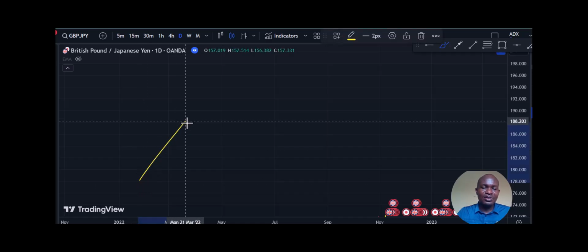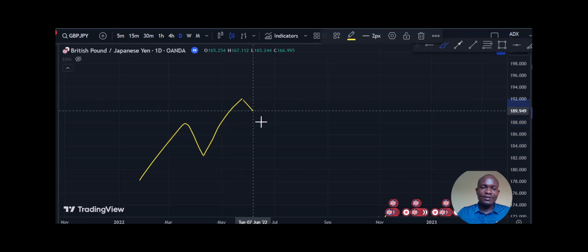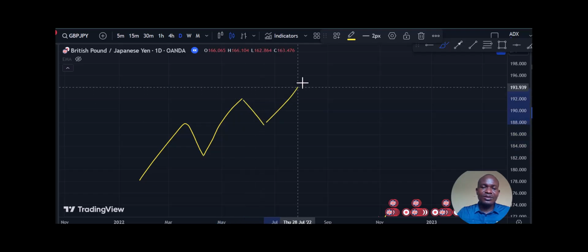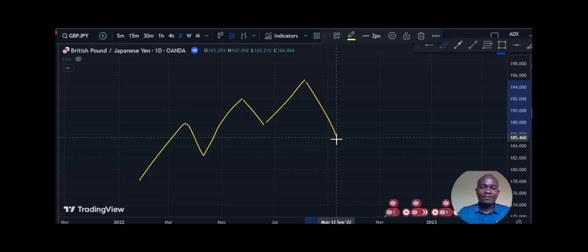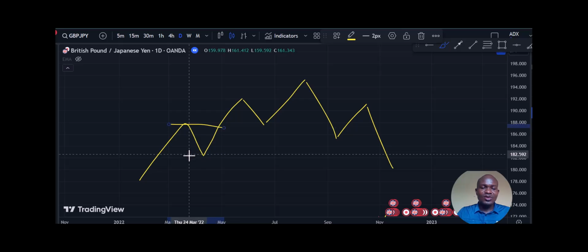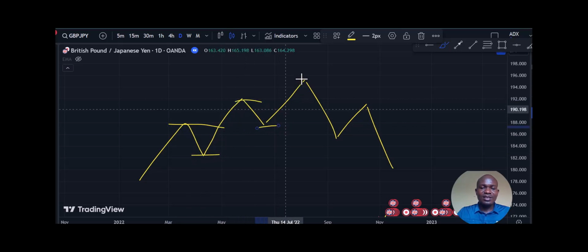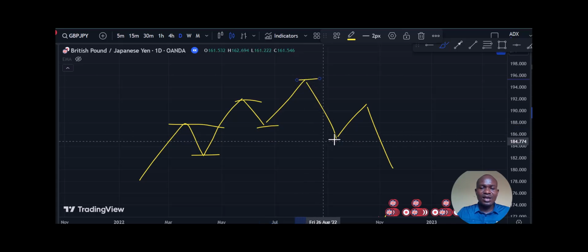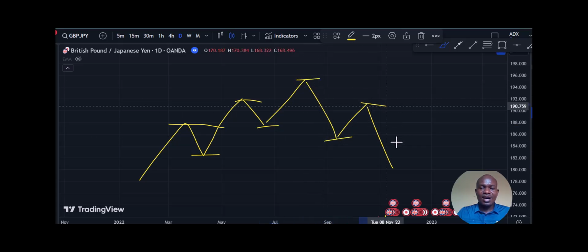It makes an impulse, it corrects itself, it makes another impulse, it corrects itself, it makes another impulse, it breathes out again, it breathes in again, low, and comes down again. So the job of every trader is to look for a confirmation of resistance here, support here, resistance here, support here, resistance here, support here, resistance here, and stuff like that.